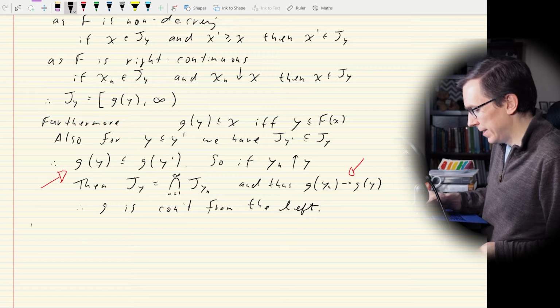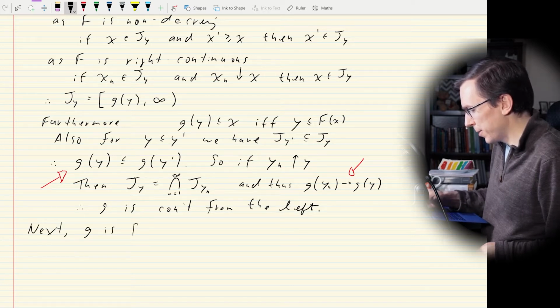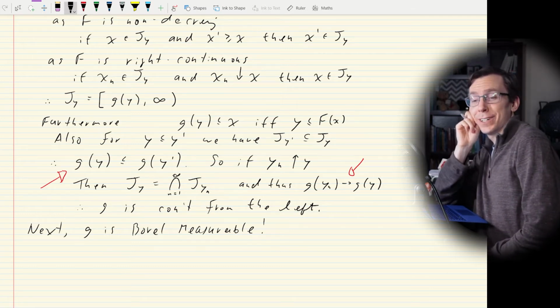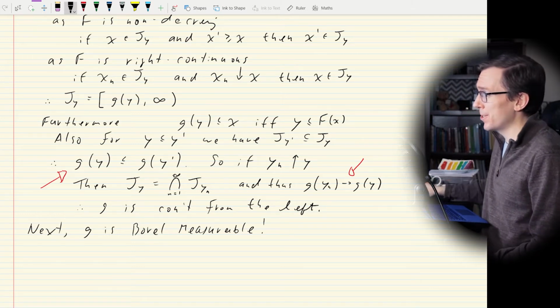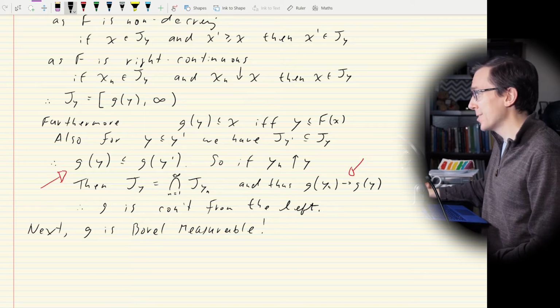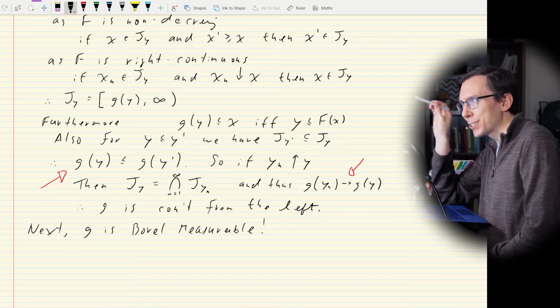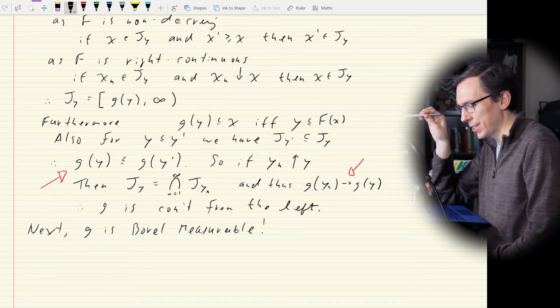So next, G is Borel measurable. Why is that true? That goes back a couple lectures to the useful facts about measurable functions, namely that inverse images of set functions preserve set operations.